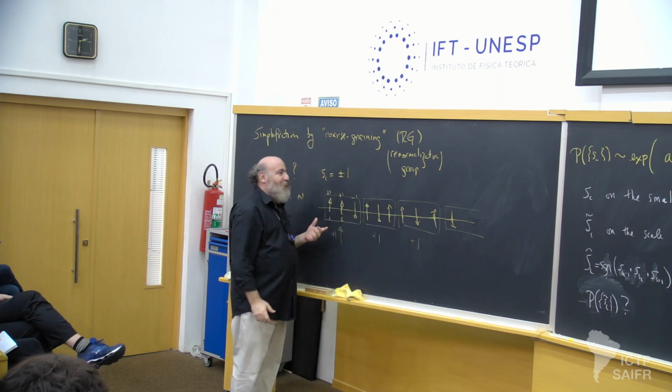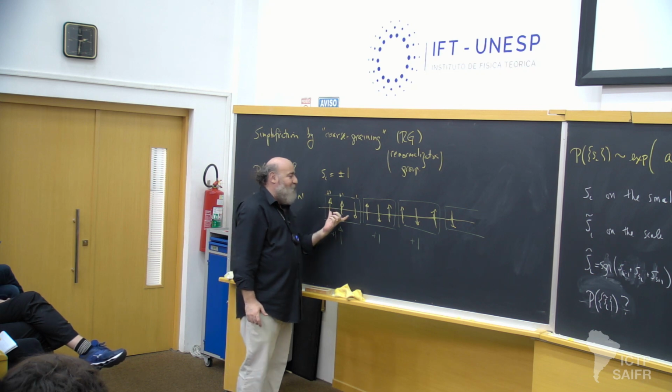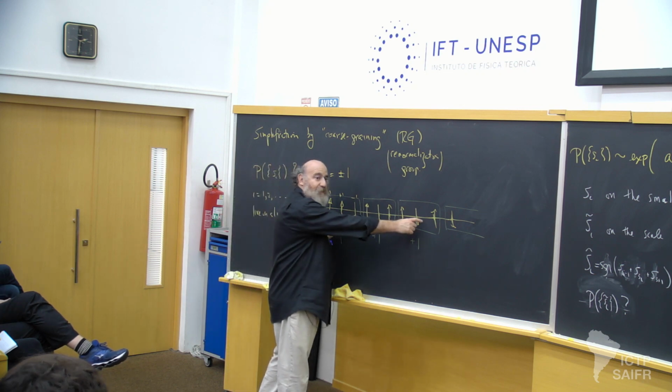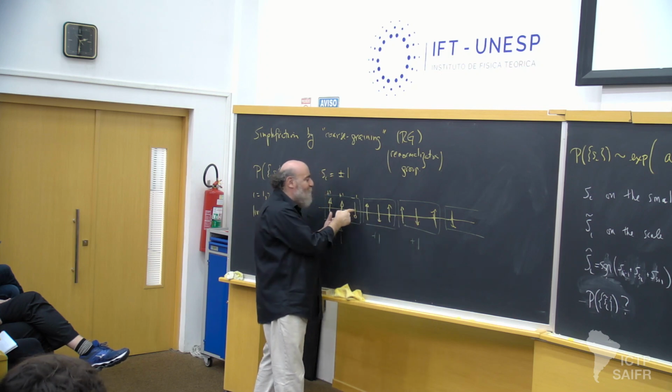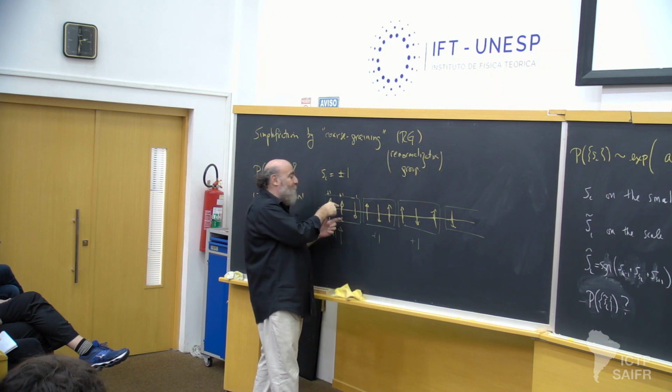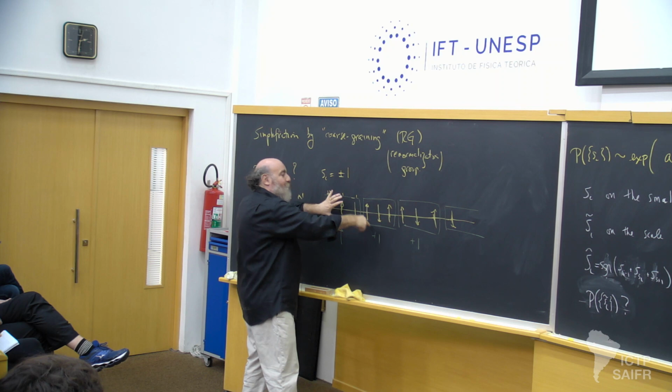The question is, in the probability distribution, is there a term that connects this box to this box? And the answer is no, because every site is only connected to its neighbor. And so the only dependence of this on this is through what's happening in this box.